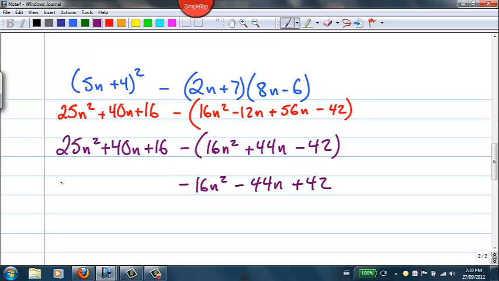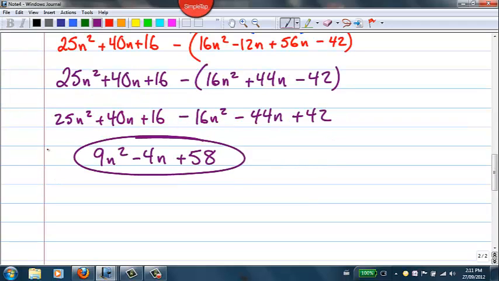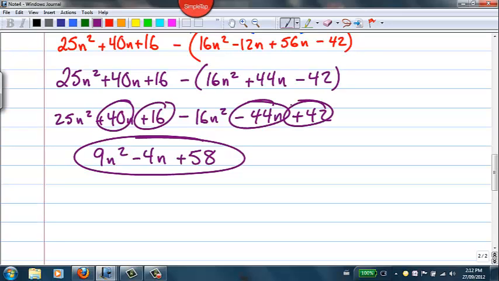Now instead of that positive 44n, I've got negative 44n. Instead of the negative 42, it's positive 42, but the brackets are gone. So now I can combine like terms. 25n squared minus 16n squared, 9n squared. The positive 40n minus 44n, negative 4n, and the 16 plus 42, 58.